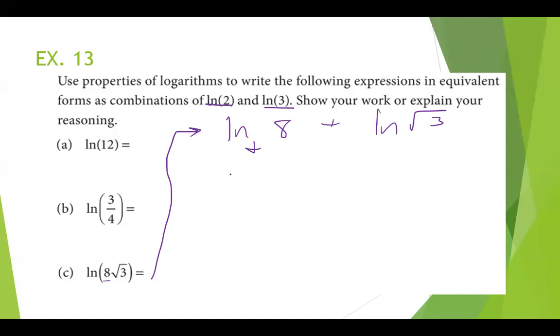So 8 becomes what? 2 to the what? 2 to the third. Plus, I don't want the natural log of the square root of 3. I need the natural log of just 3. What is another way that I can write square root?